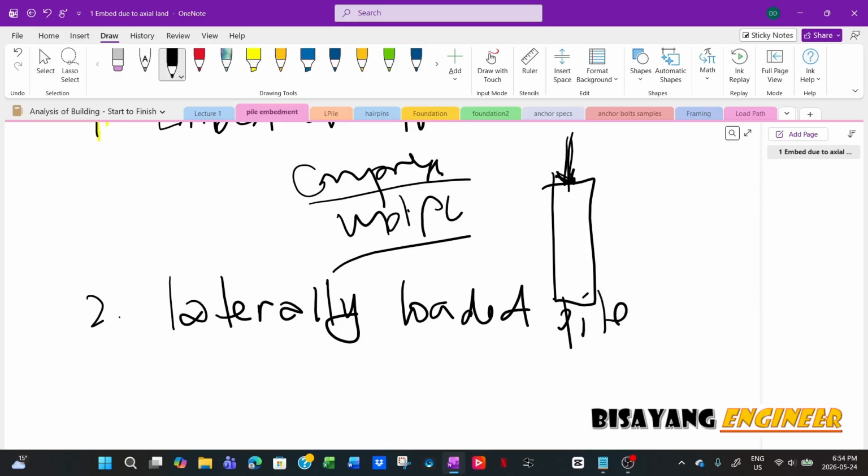There's a third consideration, but it is only applicable in colder regions, like in North America, probably Australia, New Zealand, in some countries in Europe, Russia. So in colder regions, there's another consideration, and we will discuss it later.